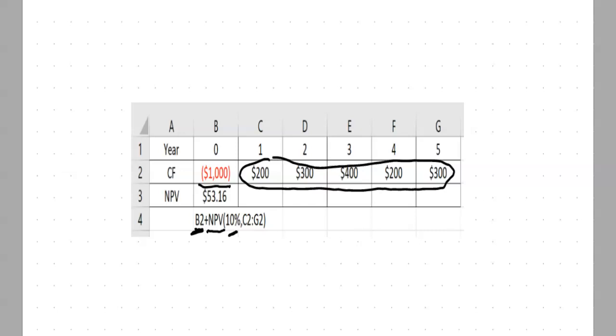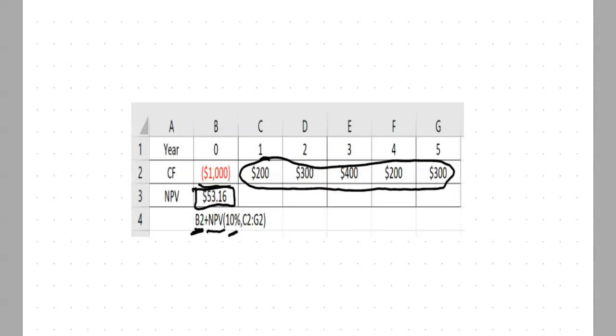You can either give them at once, by selecting cell C2 to cell G2, or you can give one cash flow, then a comma, then the year 2 cash flow, then a comma, then the year 3 cash flow, and so on. So you'll get the net present value of $53.16.